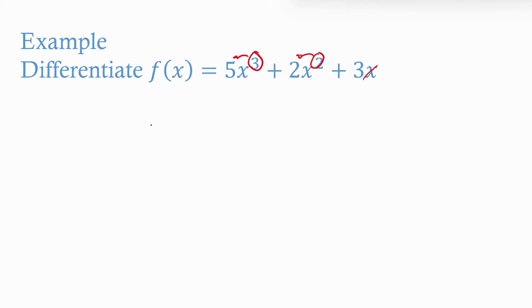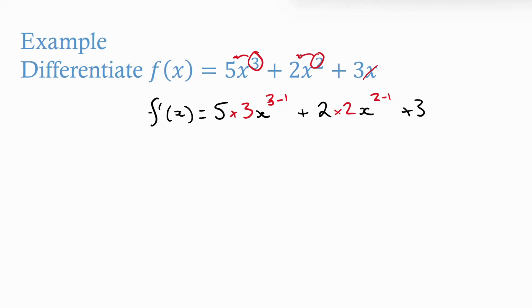So if I differentiate this, we get 5 times 3, x to the power of 3 minus 1, plus 2 times 2, x to the power of 2 minus 1, and then over here we have plus 3.